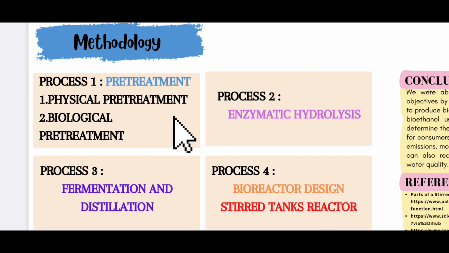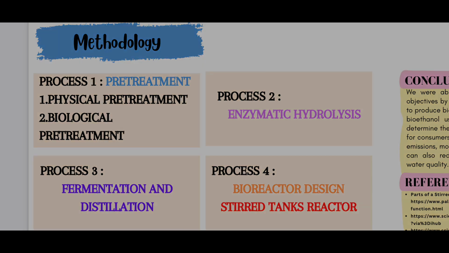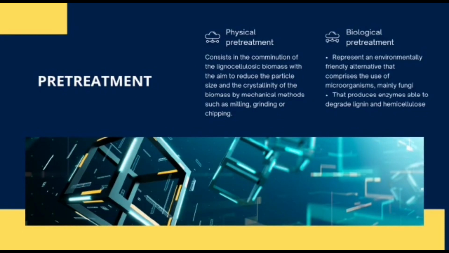This section is divided into two types, which are physical pre-treatment and biological pre-treatment. Physical pre-treatment consists of the combination of lignocellulosic biomass, which aims to reduce the particle size and the crystallization of the biomass by mechanical methods such as milling, grinding, or chipping.